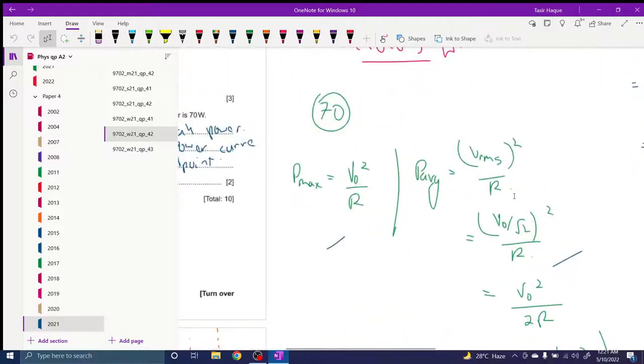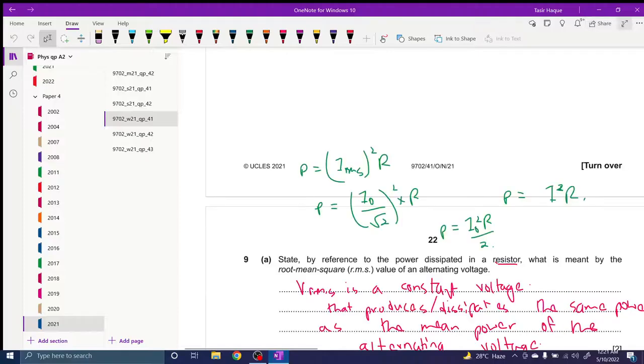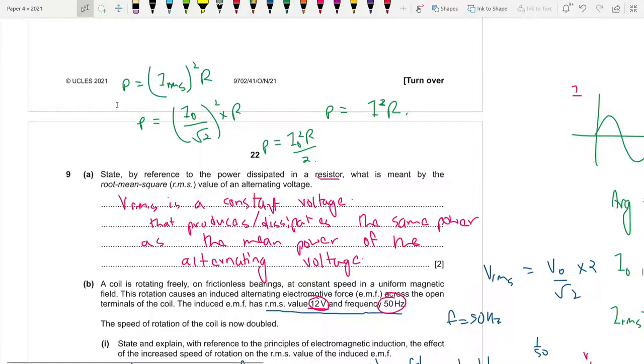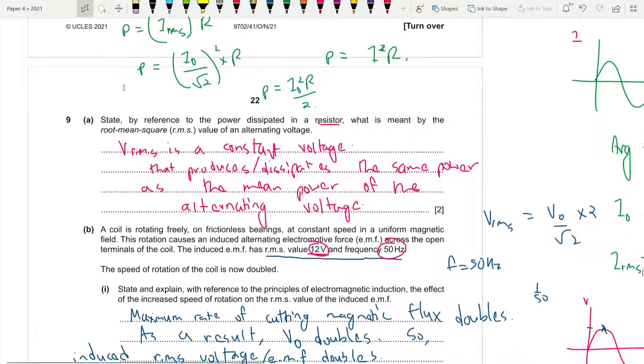We don't use average voltage, we use the Vrms voltage. If you use that constant value of voltage, you get average power. That's the logic behind the definition of Vrms: a constant voltage that dissipates the same power as the mean power of the alternating voltage.